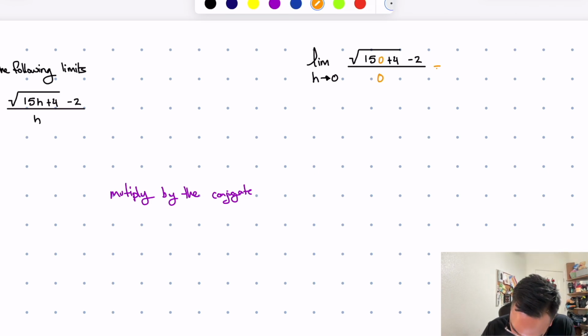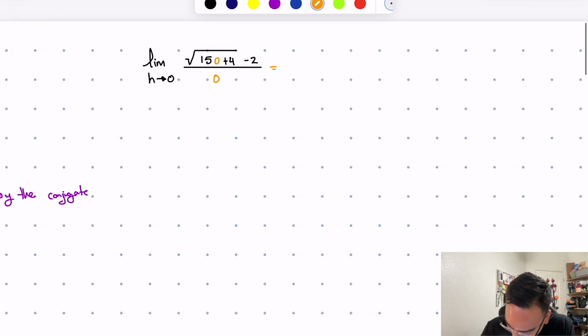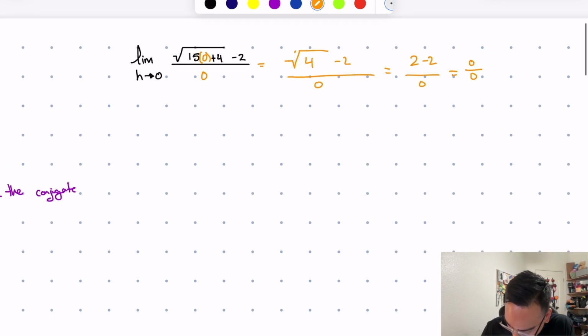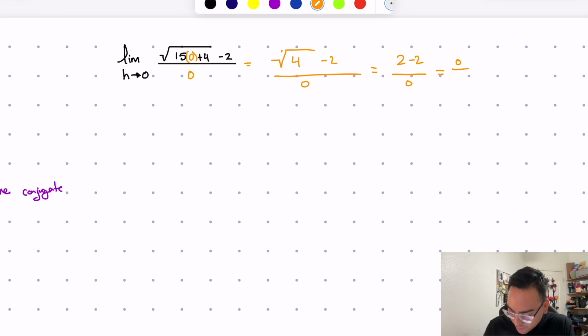Well, we have a 0 in the bottom. And 15 times 0 is just 0, so we end up with the square root of 4, minus 2, over 0, which is 2 minus 2, which is 0 over 0. What the heck does that mean? It's undefined whenever it's divided by 0.